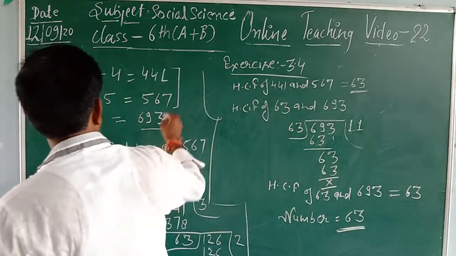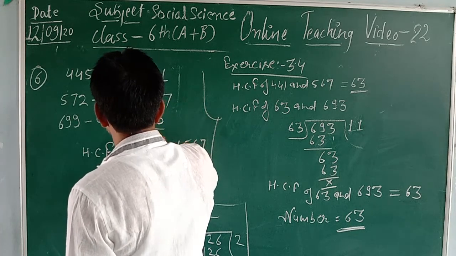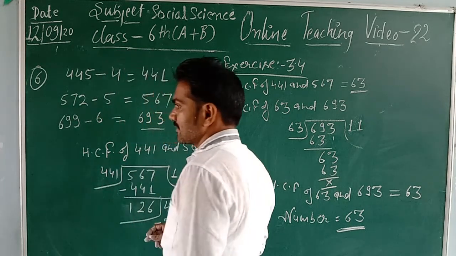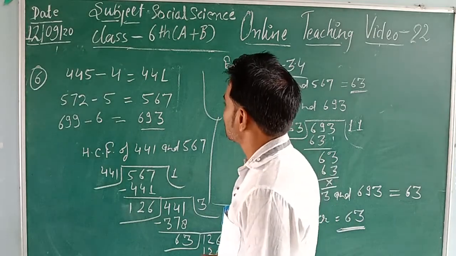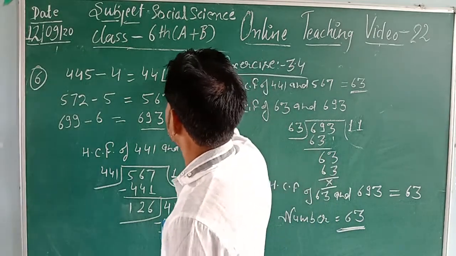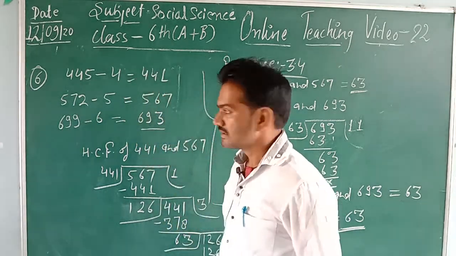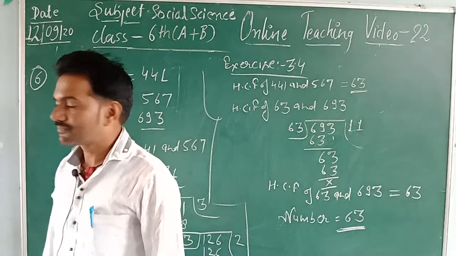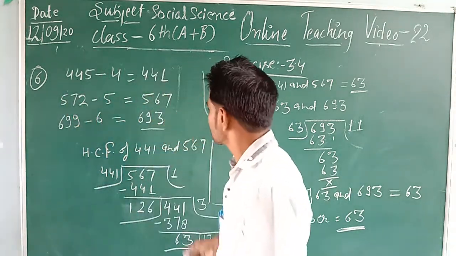Now the numbers become 441, 567 and 693. Among the three numbers, first we take two numbers, 441 and 567.